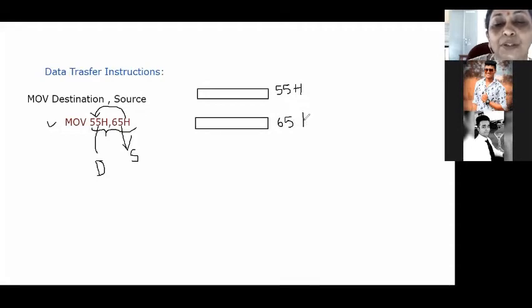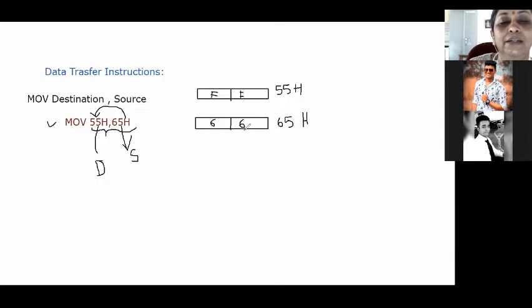Let us assume this location has contents FF, and the contents at 65, suppose they are 66. Now, after execution of the instruction MOV 55H, 65H, what will happen?